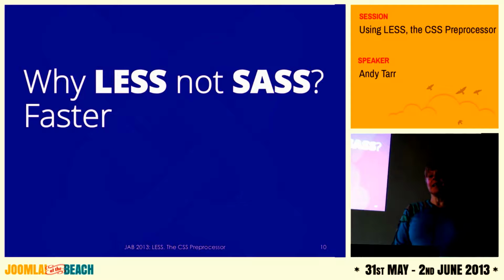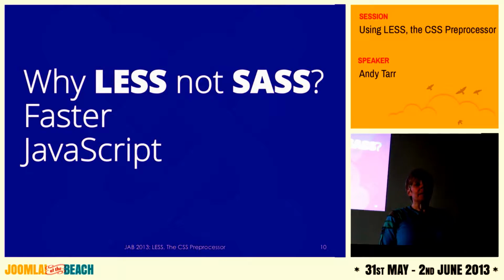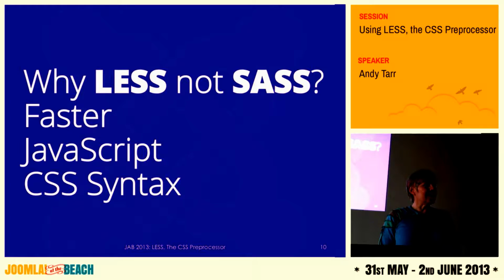Another reason is that it's using JavaScript, which is very universal. And it is also based on the CSS syntax. So while there are some additions to the CSS that you already know, any of the CSS that you do already, you can put right in there. It's not like you have to learn a new thing to do what you already know how to do.